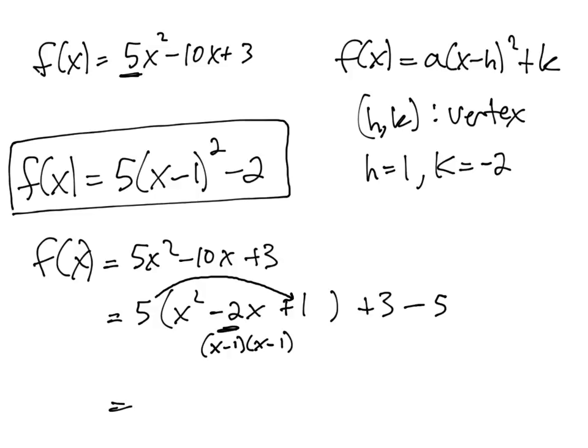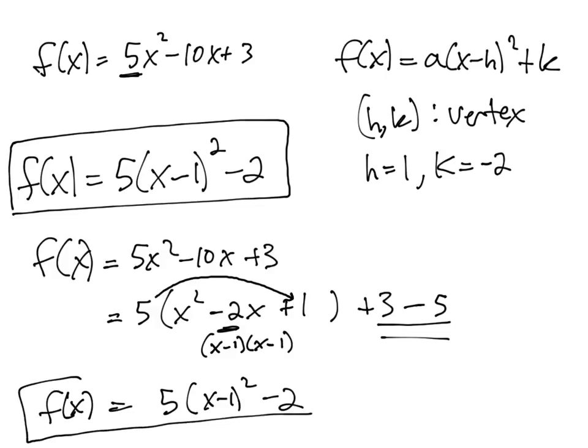We want the same two factors. So I can write this as 5 times (x minus 1) squared, and then 3 minus 5 is negative 2. And that is a second way that we can get vertex form, by completing the square. Either way, though, we get the same function.